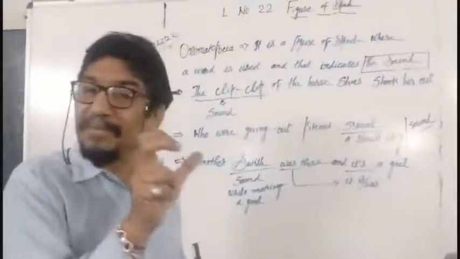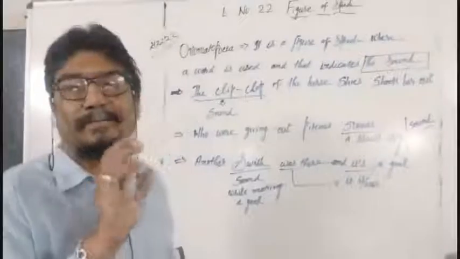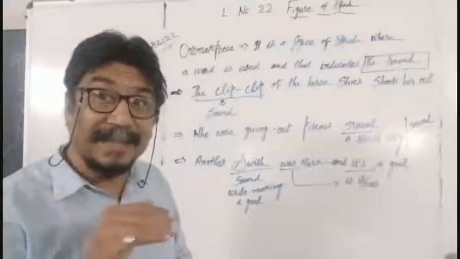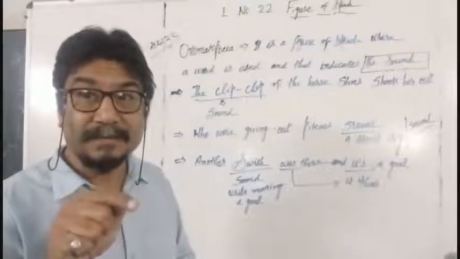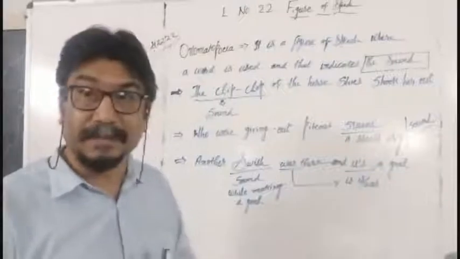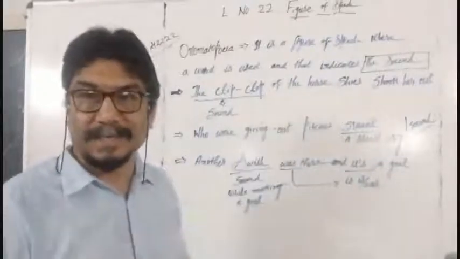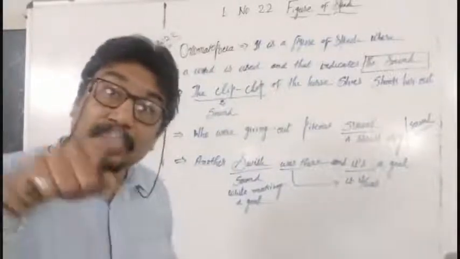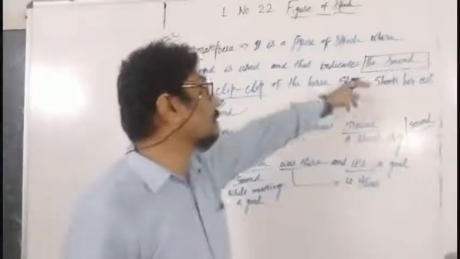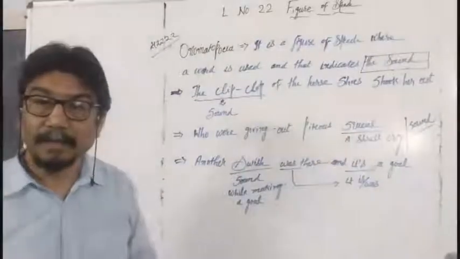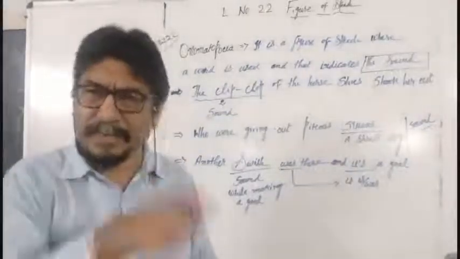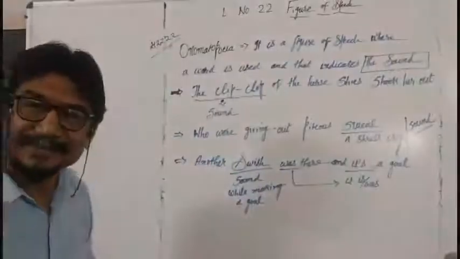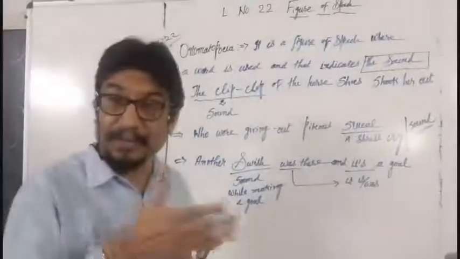Why is it so? Because there would be a word, minimum a word. Wherever a word is used for indicating sound, that is onomatopoeia. When you were too small, it was there in your syllabus.